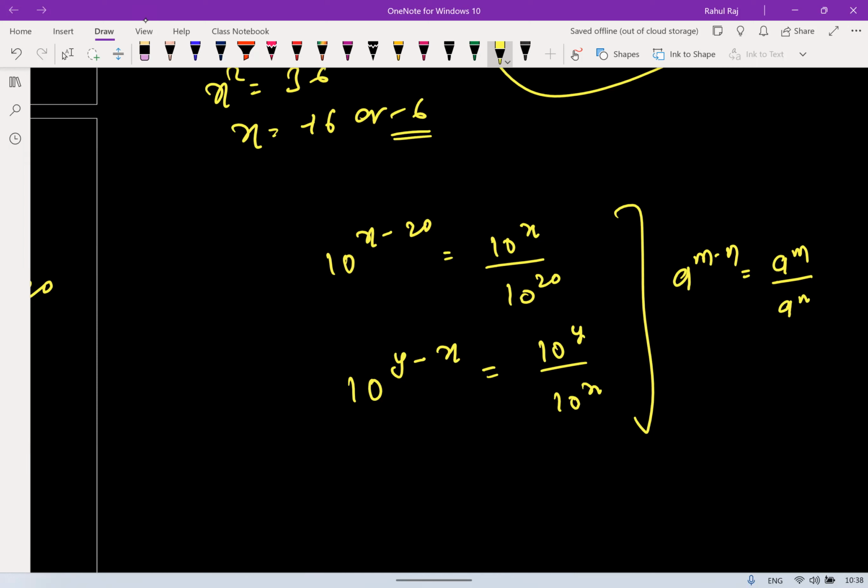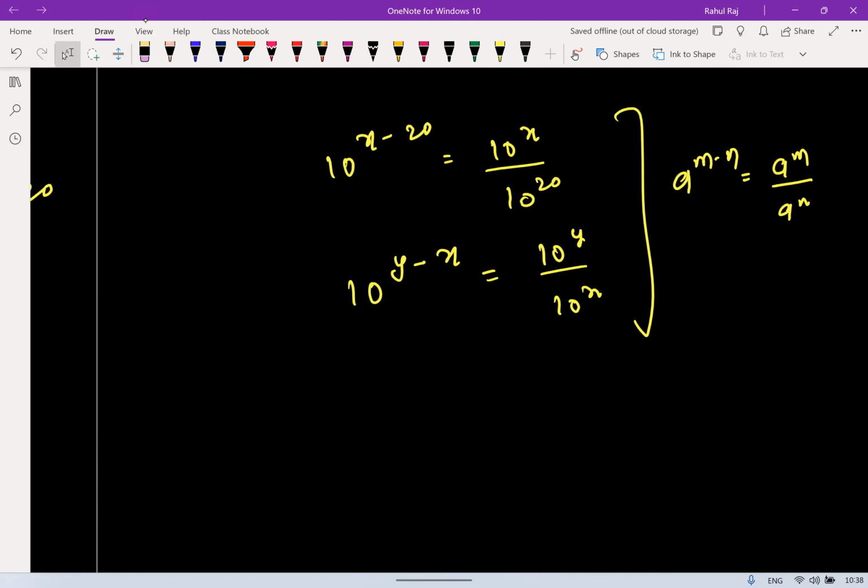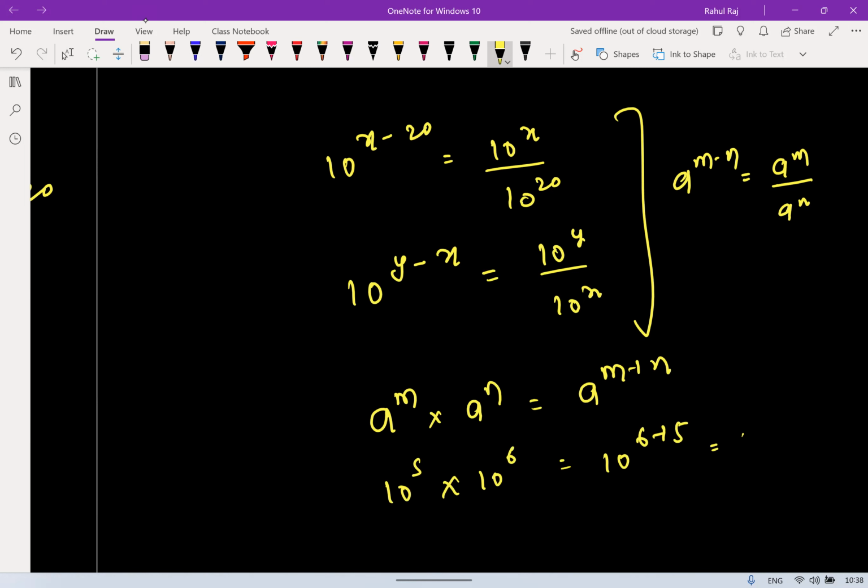Does it apply if it's positive also? A to the power of m plus n. A to the power of m into a to the power of n is a to the power of m plus n. So 10 to the power 5 cross 10 to the power 6 is equal to 10 to the power 6 plus 5.